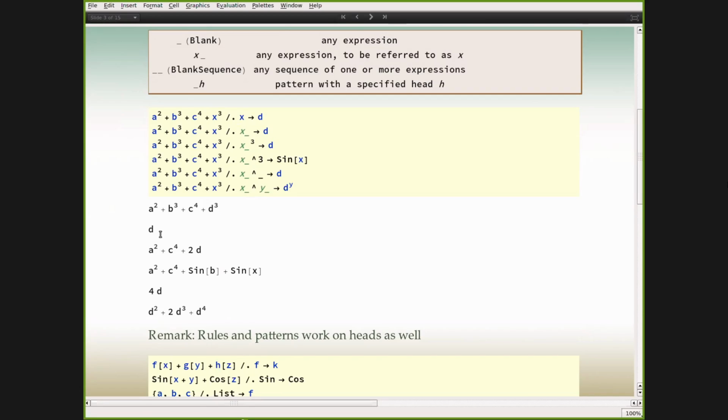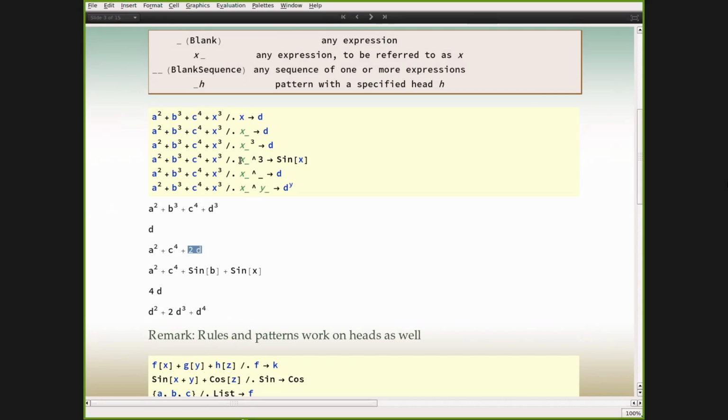So you can see that Mathematica has treated this whole expression as a single expression and has replaced this by a d. And now I'm saying that I would like to have something which is to the power of 3 and would like to change it by d. So there is b to the power of 3 and x to the power of 3. So I have obtained 2d's. This is how it is.